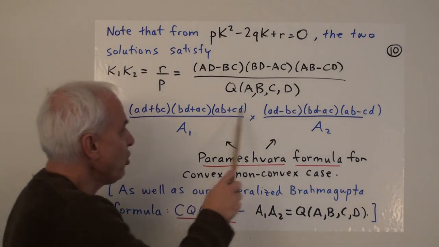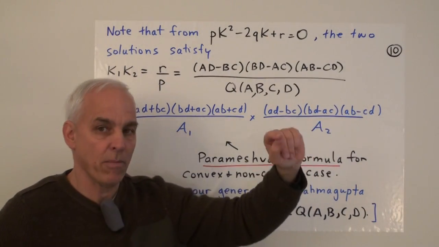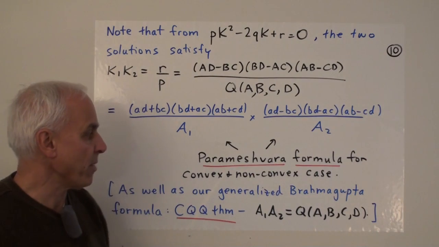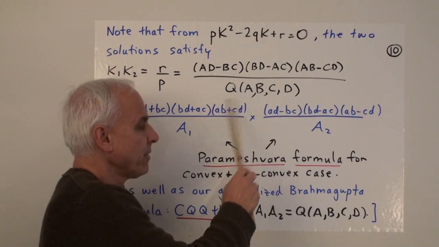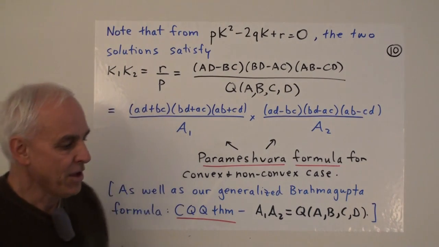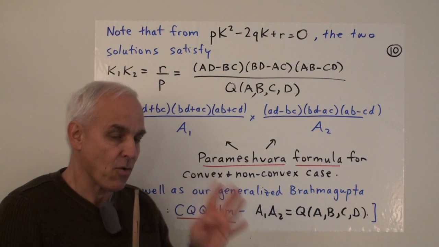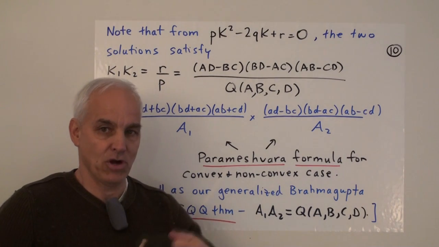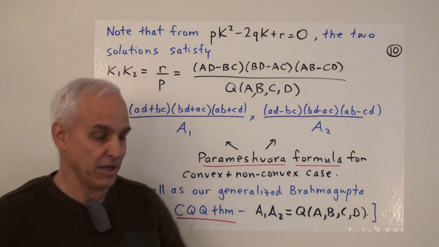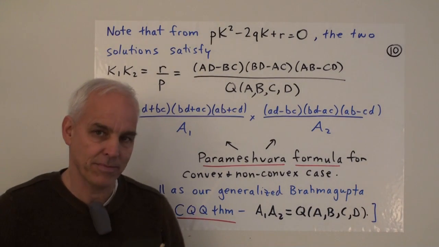So these are the numerators that appear in the convex and non-convex form of the Parameshvara formula. And what about the denominator? Well, we have to remember that when we have cyclic quadrilaterals, and we know the quadrances, then the quadrias are also determined by a quadratic equation. That's what we call the cyclic quadrilateral quadria theorem.